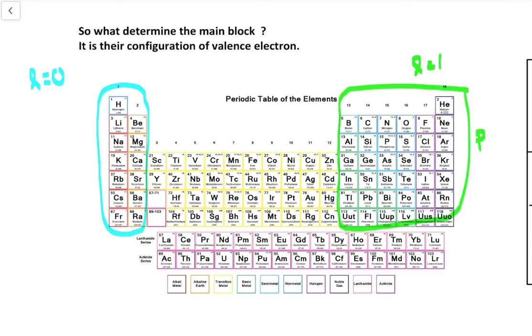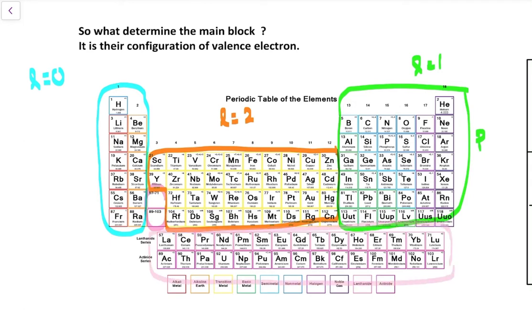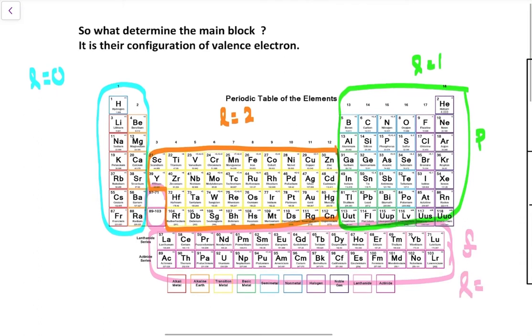Then L equal to 2 gives you the D block, in the center. And the extended elements, the lanthanides and actinides, are the F block, L equal to 3.